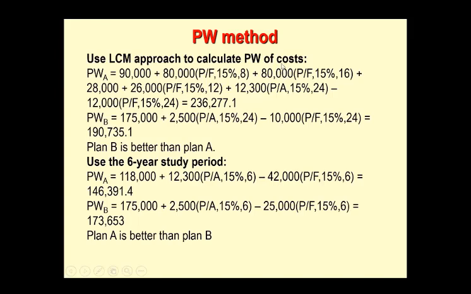So we subtract 10,000 from the 90,000. We get 80,000. We times the single payment present worth factor, and we have the present worth.